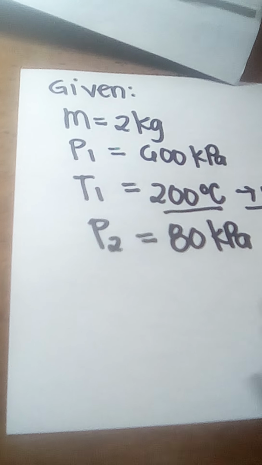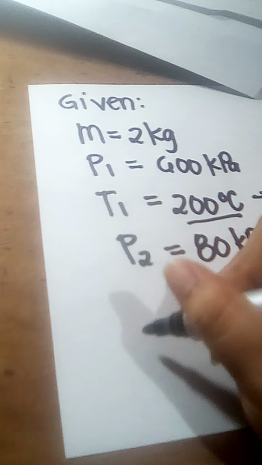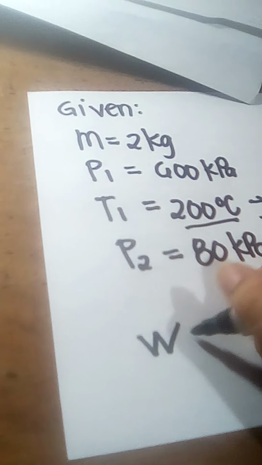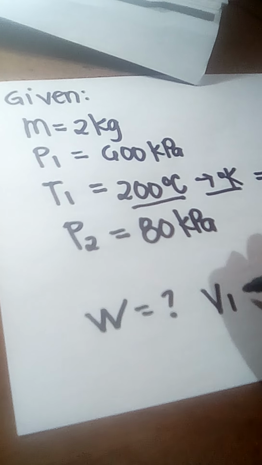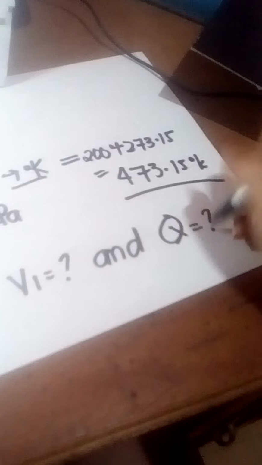So, of course, we must know what the different unknowns are. We're going to find the work done, the initial volume, and the heat transfer in this process.